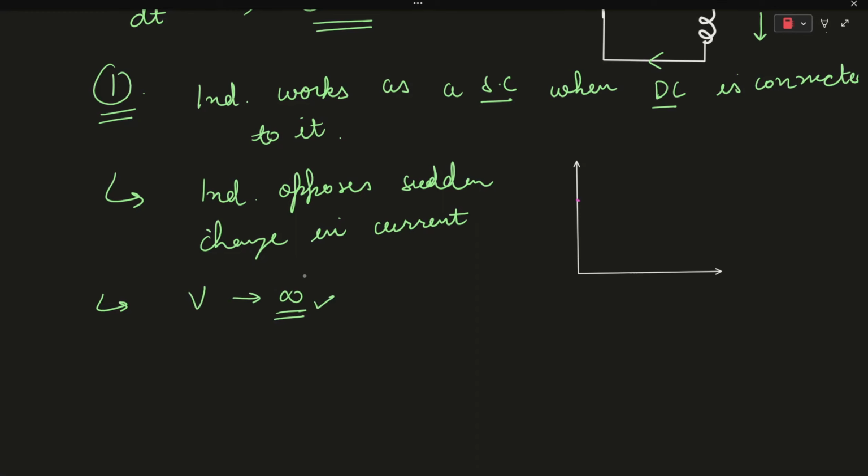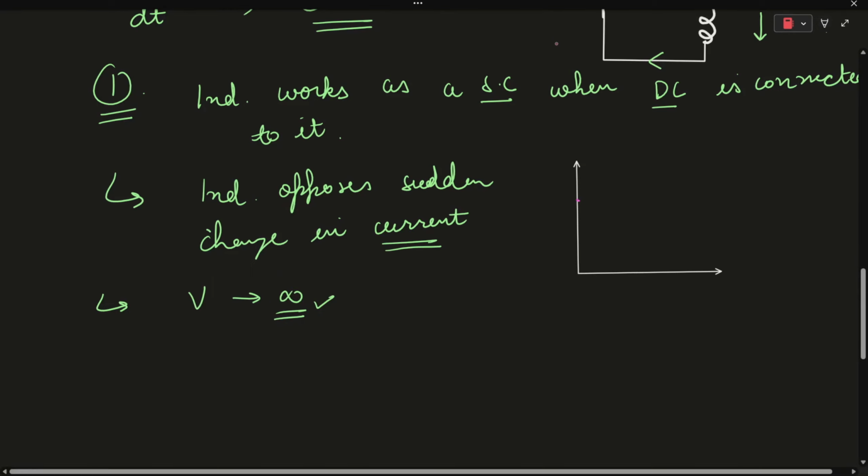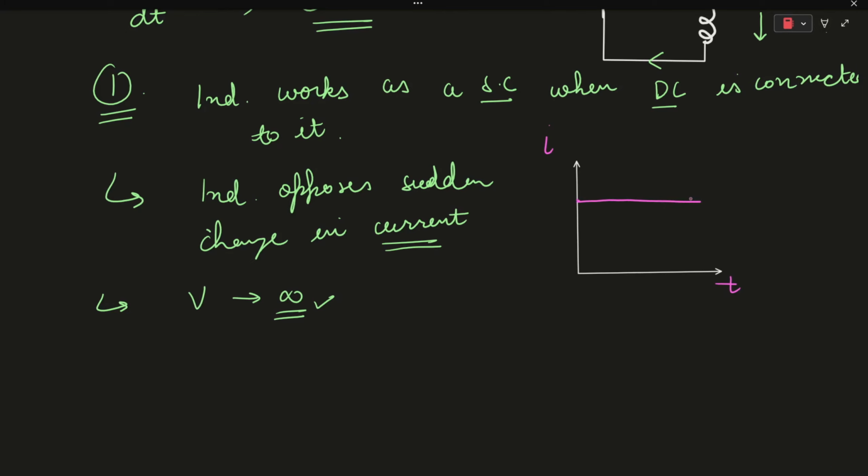An infinite amount of voltage is required to have a sudden change in the value of the current. Let's say this is your current and this is with respect to time. The current remains constant because di by dt, in case of an inductor connected to a DC supply, is 0.